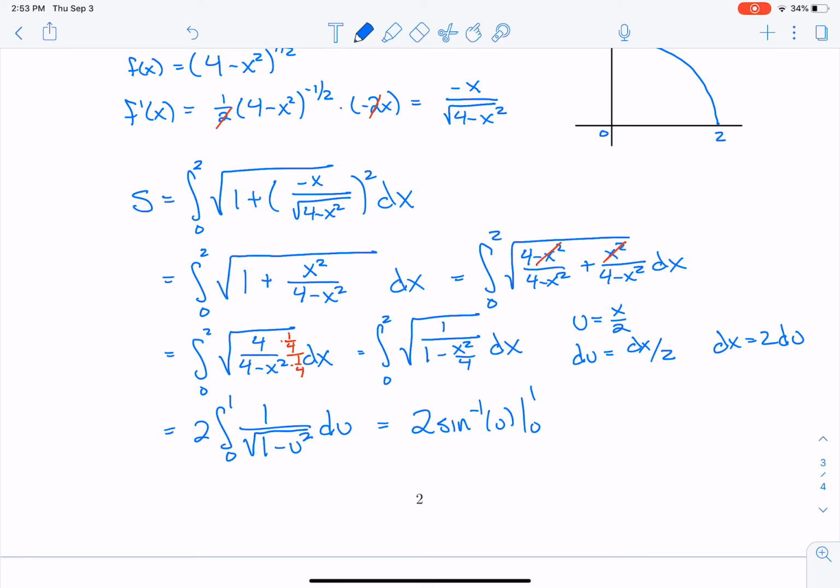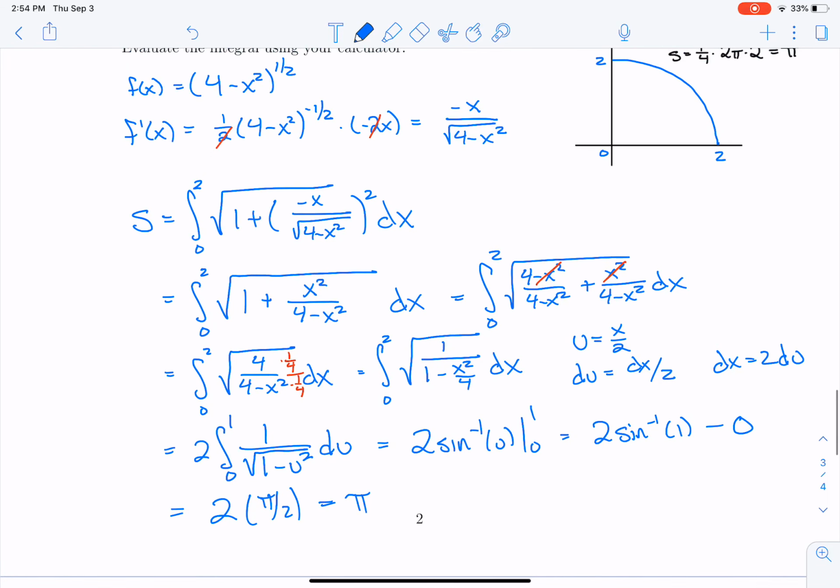So that's going to be 2 times the arc sine of 1 minus 2 times the arc sine of 0, which is 0. And so finally, I'm going to get 2 times the arc sine of 1. Well, the sine of pi over 2 is 1. So this is 2 times pi over 2, or pi. So we got the answer that we thought we were going to get, that the length of that quarter circle is pi.